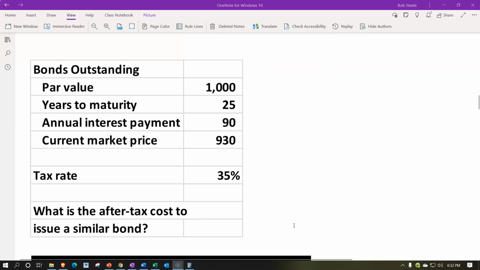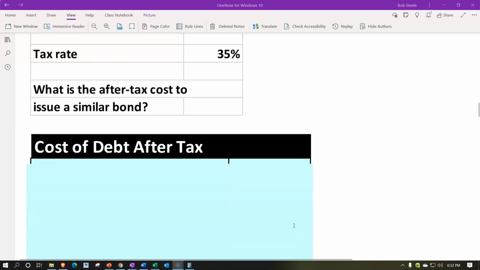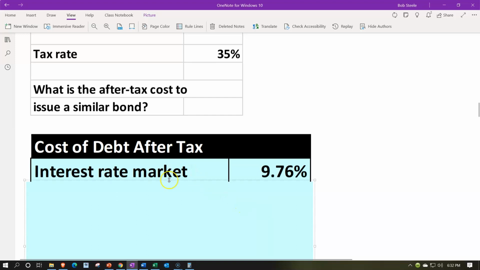Okay, so now that we have that, then we can do our normal kind of calculation to take into consideration the tax impact. So we could do our cost of debt after tax kind of calculation. We're just going to do a similar thing that we did in a prior presentation. Now we've got the interest rate, this being the market rate, this being the main question or the new thing from the prior bond, like looking into bonds.